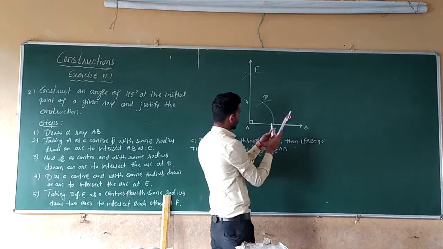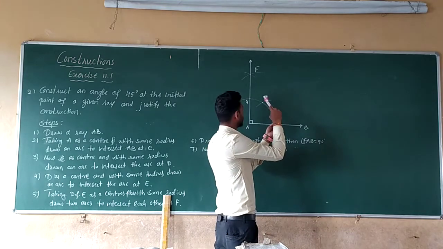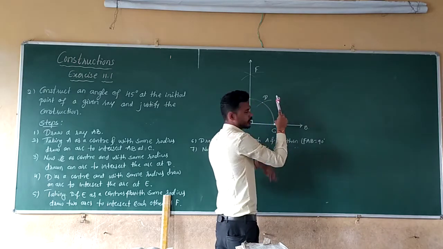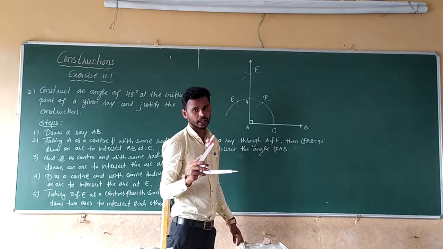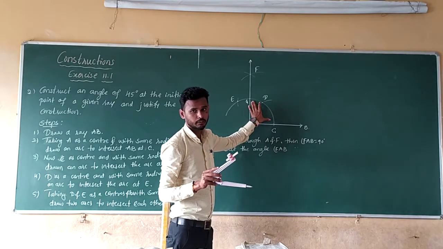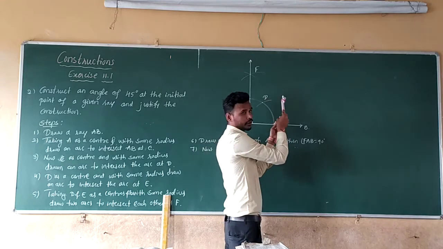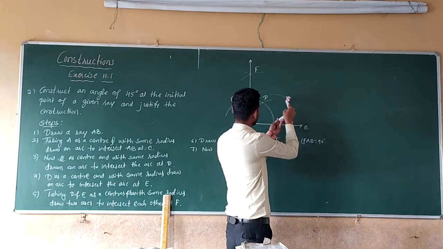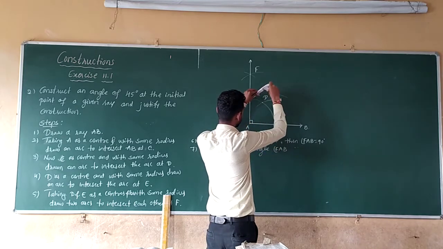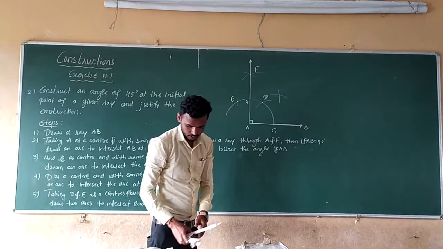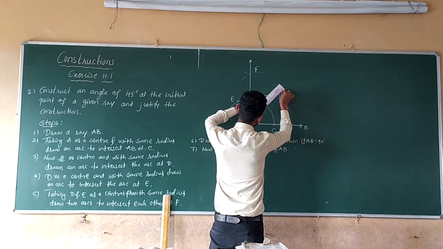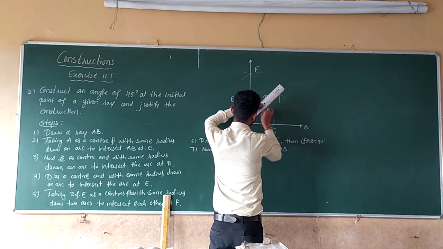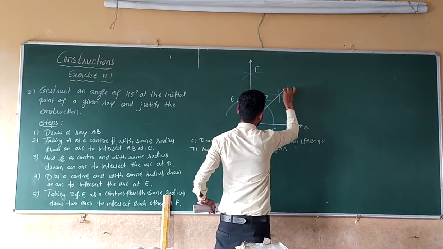Now with C and G as centers and more than half of the length CG, take more than half of that for bisecting the angle, and draw the two arcs. And next, through the point of intersection, draw a ray.